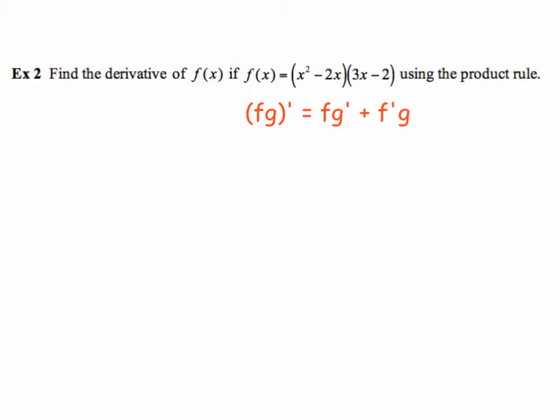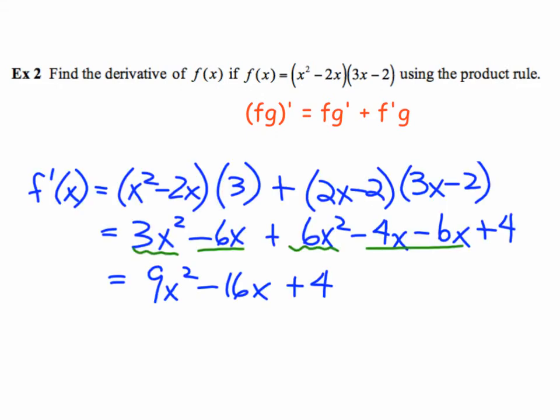If we put this now with algebra, we leave the first expression times 3, which is the derivative of the g function, plus the derivative of the f function, which becomes 2x squared minus 2, and we leave the g function.